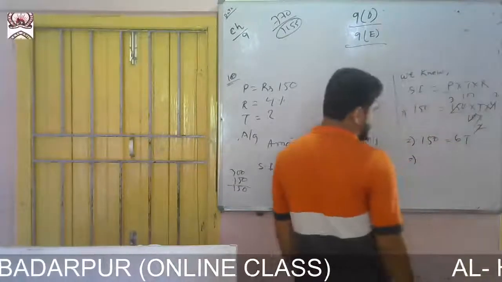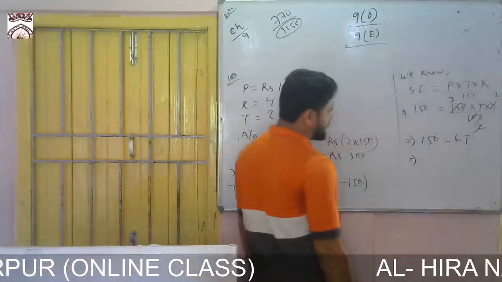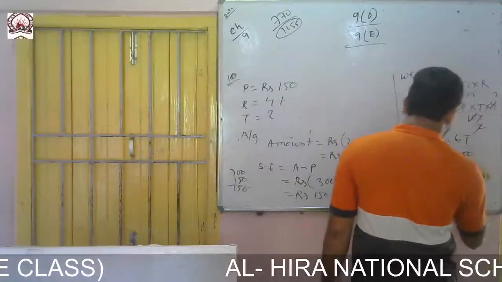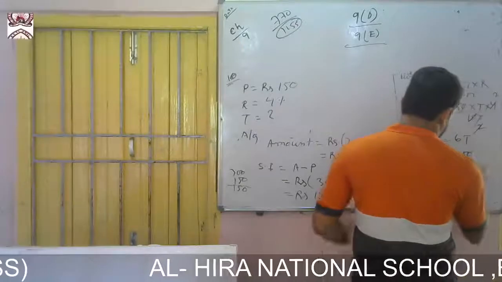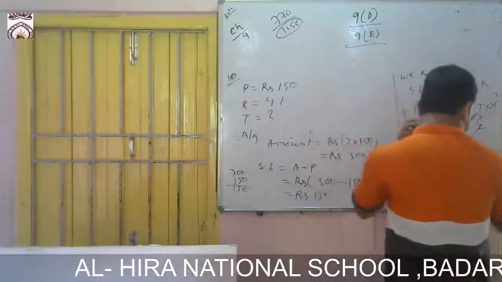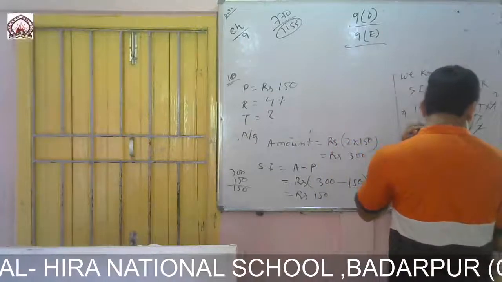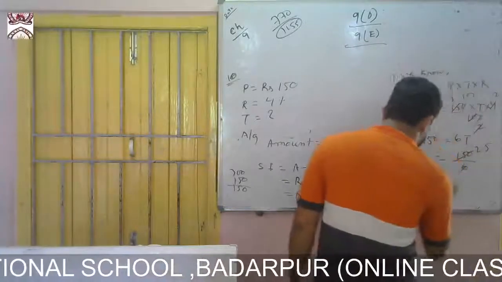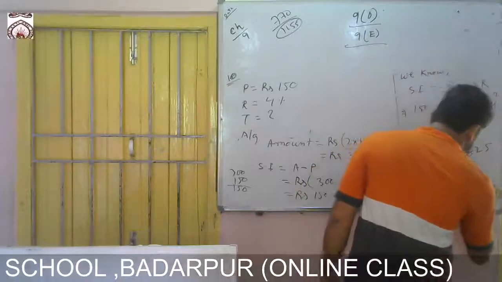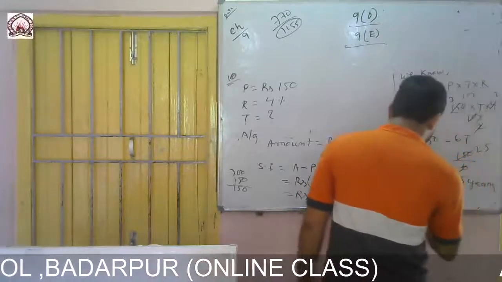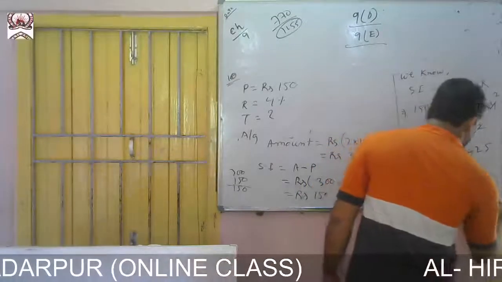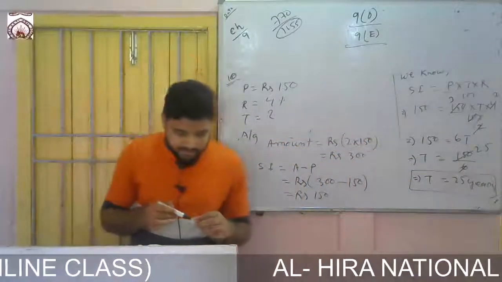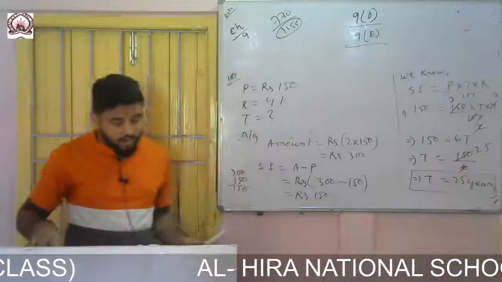So T will be 150 by 6. If I cancel, 6 2s are 12, remain 30, 6 5s are 30. So T will be 25 years. That is the required answer. Now come to question number 11.